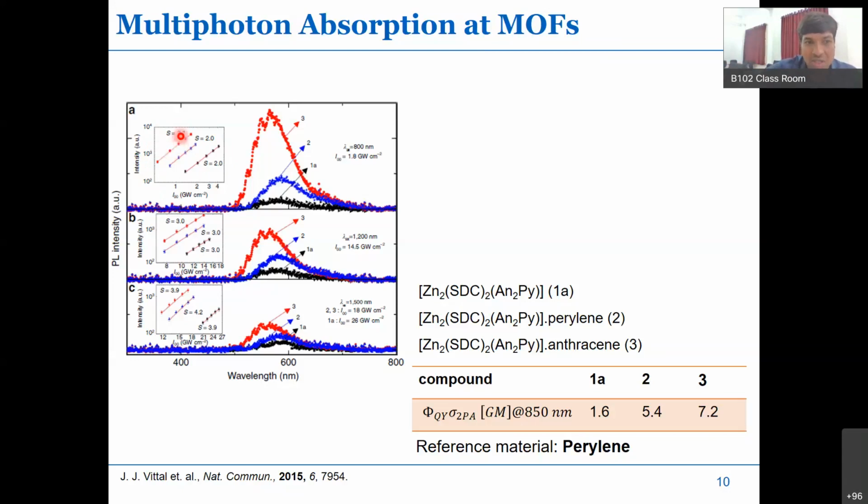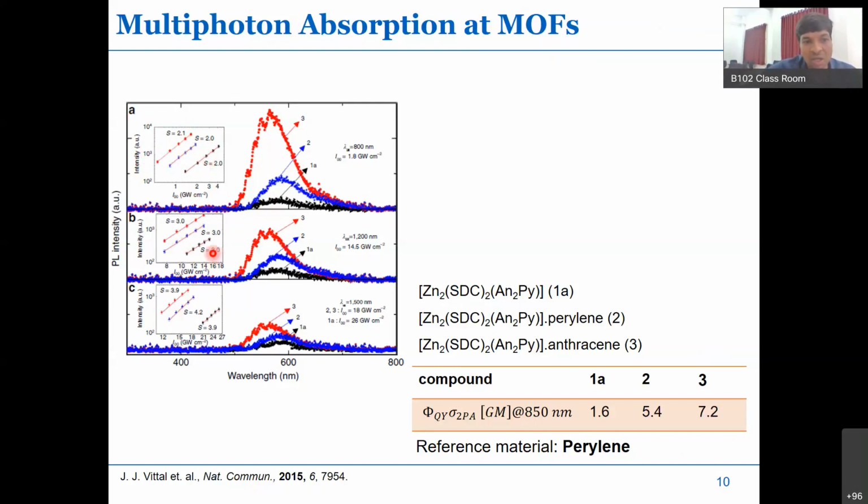Like if you see here, the slope of this curve is 2. Then there are 3 different compounds, and almost all the compounds show a slope of 2. So the material is absorbing 2 photons at a time.